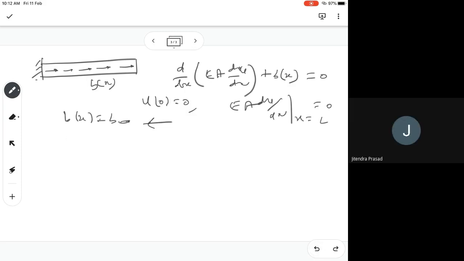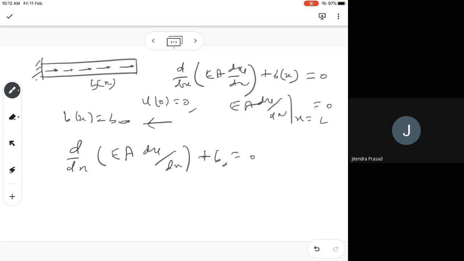Okay, so we have this problem: d/dx of EA du/dx plus b(x) equal to 0, and b(x) is constant. You can solve the problem, and then you have EA du/dx plus b naught is equal to 0.